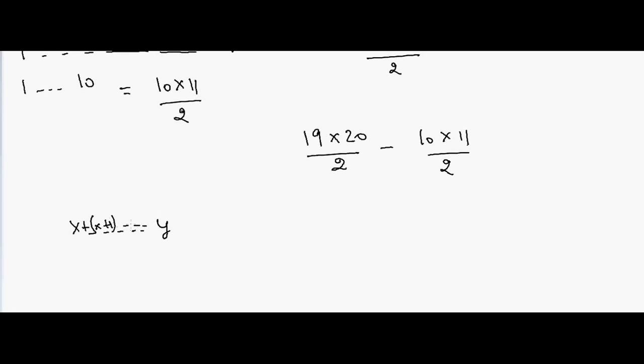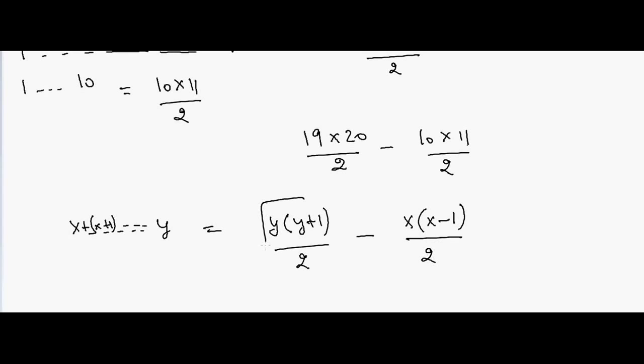In that case I can write this as y into y plus 1 divided by 2 minus, and here we have to be careful because this is x, so this will be equal to x into x minus 1, because we are adding until x minus 1, divided by 2. That will be our answer if we have to add numbers in series.